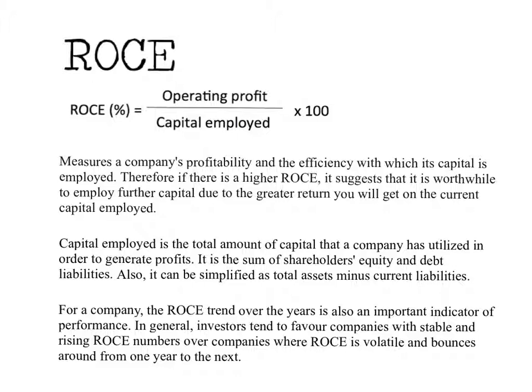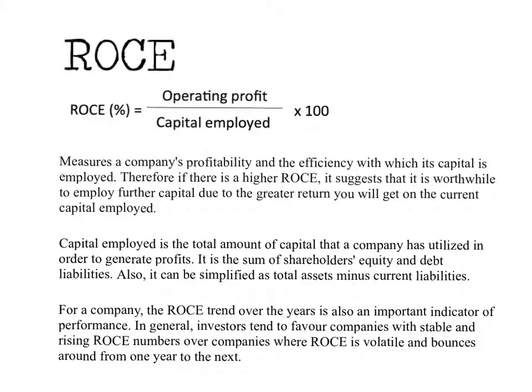Now, there's different ways of calculating capital employed, but you often get the information from your balance sheet. So if it doesn't give you the capital employed, there should be a balance sheet which will give you some key components as to how to calculate this formula.